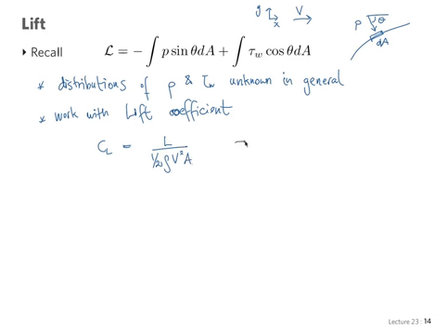And then the coefficient has to be obtained from experiments or a numerical simulation. And this is how we need to operate in practice. The most important effect on the coefficient of lift in general is going to be the shape of the object.